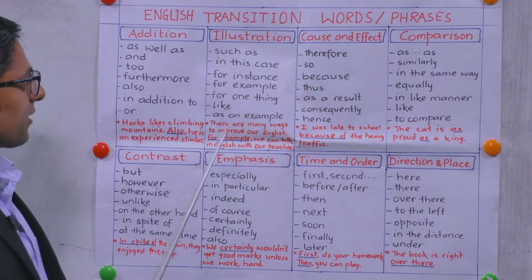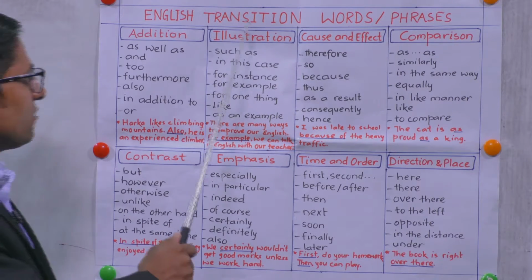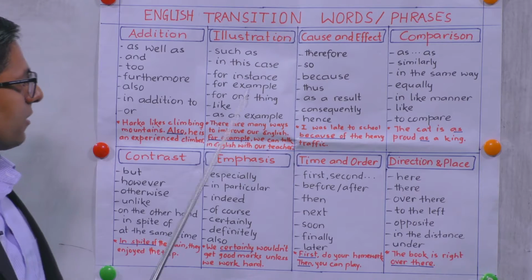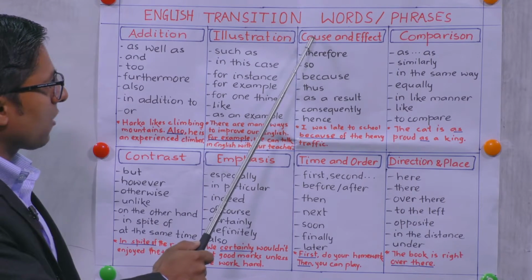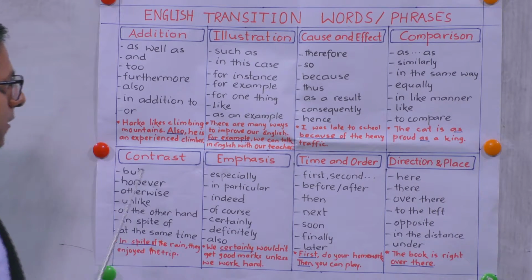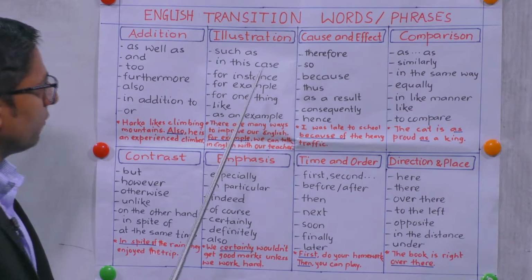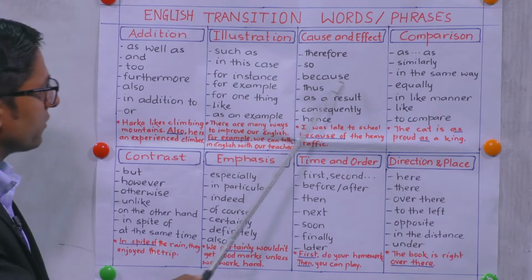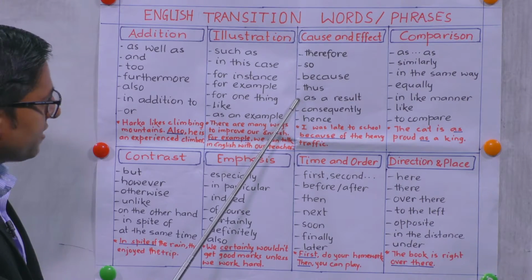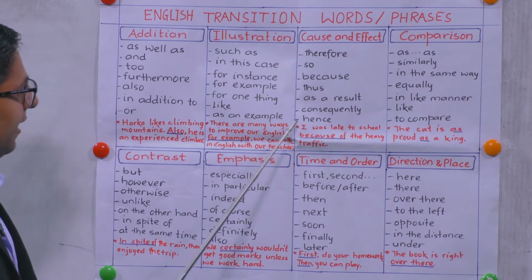Look at the third category of transition words or phrases. See, there is cause and effect. You can see the examples here: therefore, so, because, thus, as a result, consequently, hence.